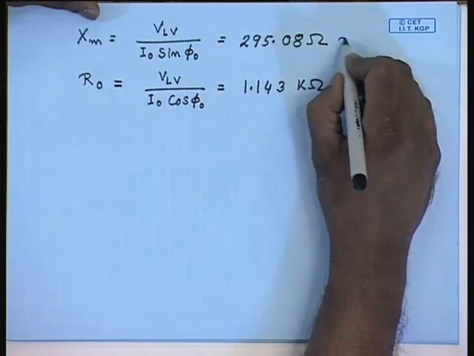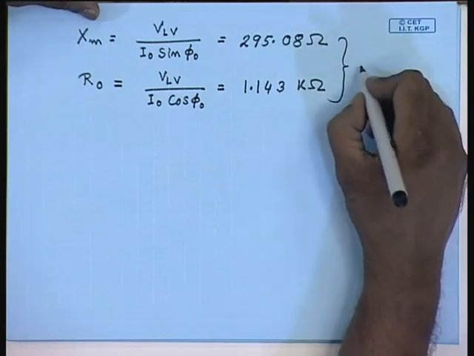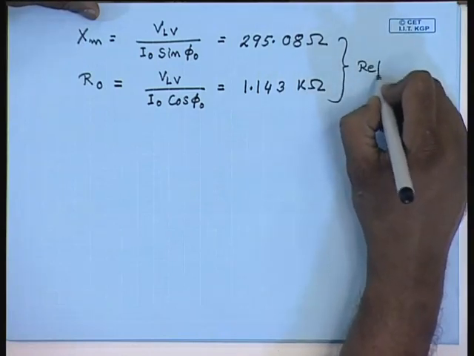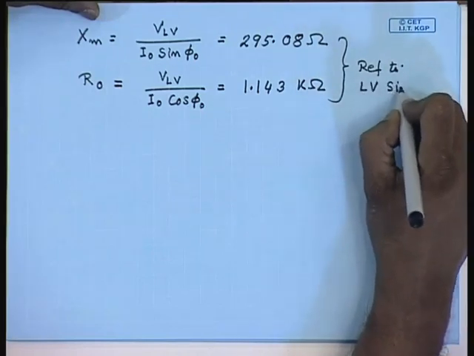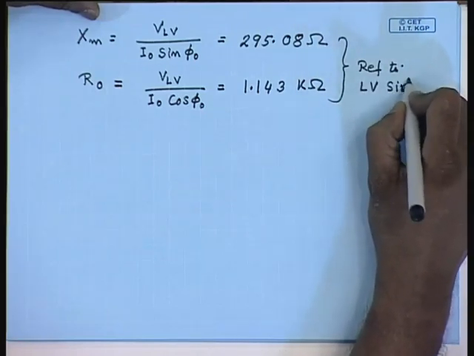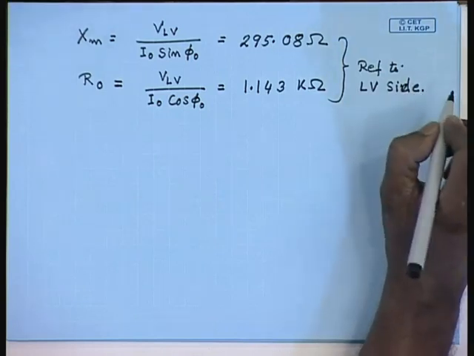It should be remembered that both these values are referred to the LV side, since that is where the test was performed.